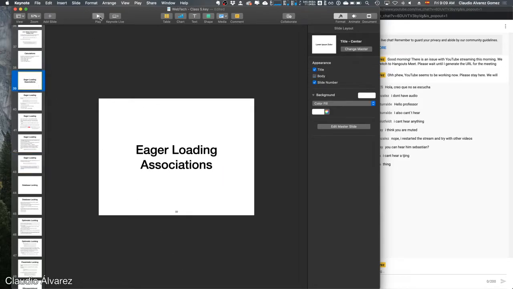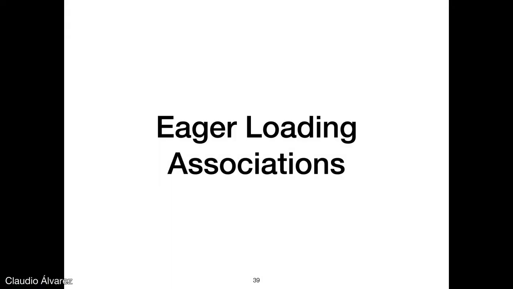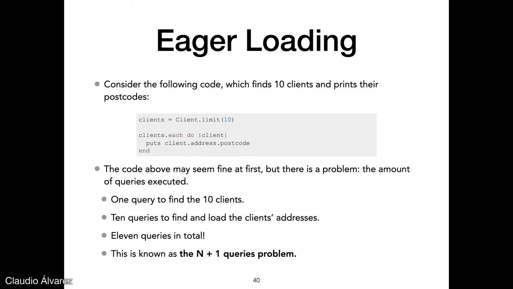So I'll go through eager loading again, just very quickly to tell you the basics. We have a situation in which you want to retrieve records from the database. In this case, we're retrieving clients. We've got 10 clients which we are retrieving from the database. Then we loop through the result set, and in each iteration we retrieve the client's address.